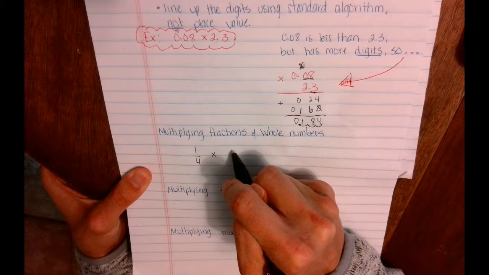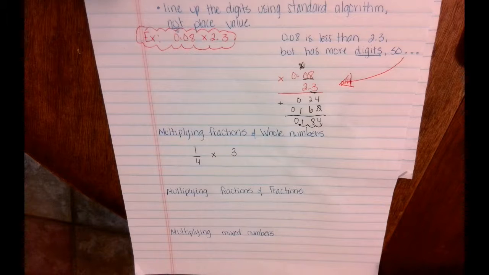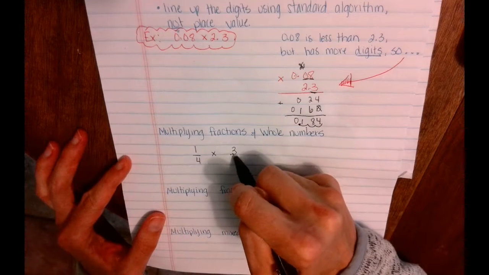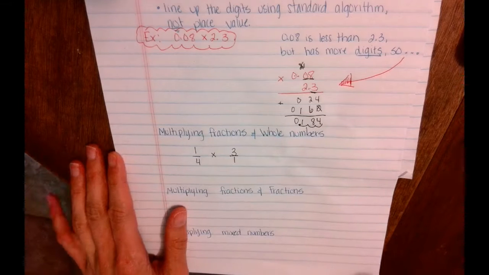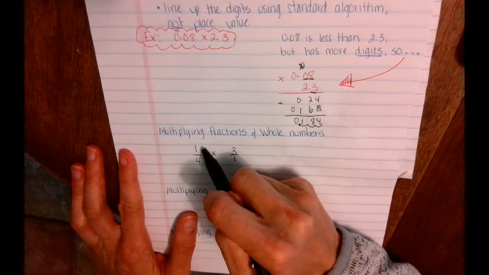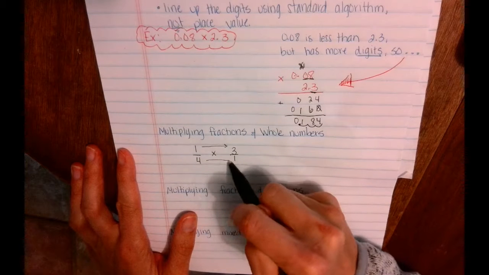Okay. The easiest way to do this is to turn your whole number into a fraction by putting a 1 in your denominator, because that doesn't change the value of the 3, and then you can multiply straight across like this. The nice thing about multiplying fractions is that you do not need common denominators.